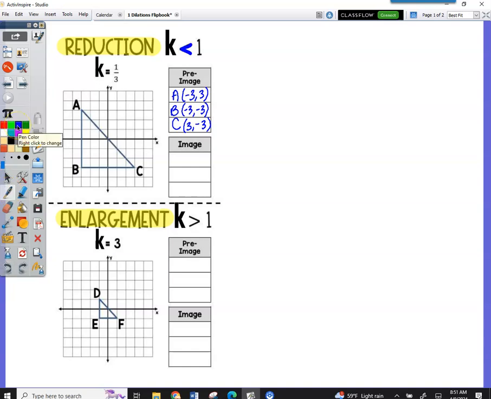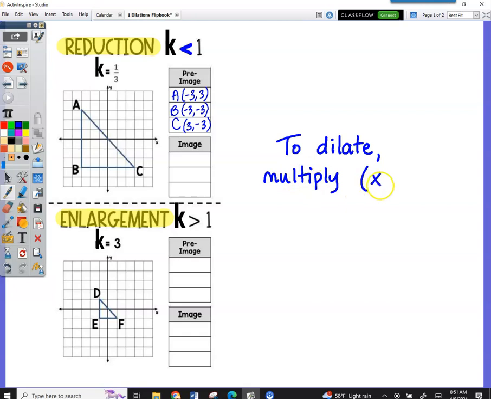How do we actually get it? Let me make a note over here. You can write this if you want. You can put it on your notebook paper. So to dilate, multiply x and y by k.